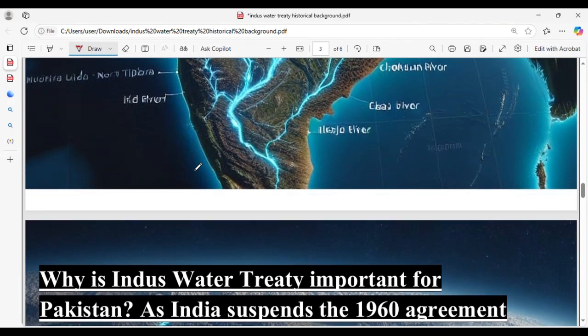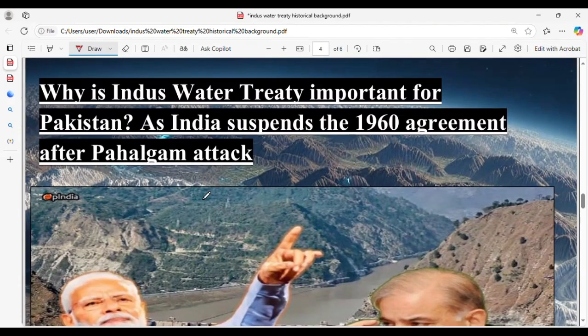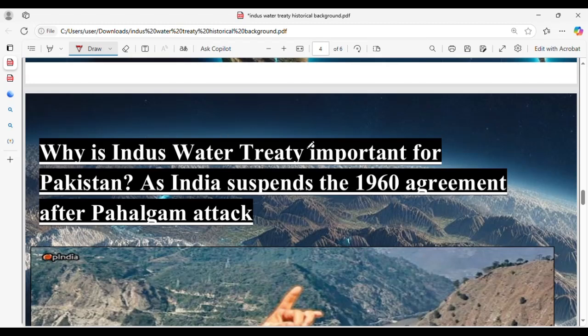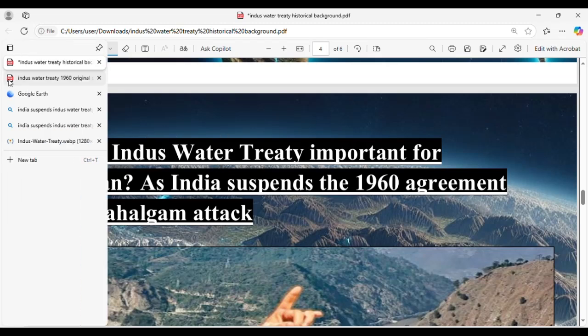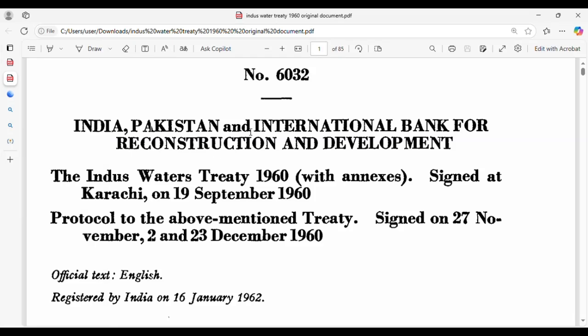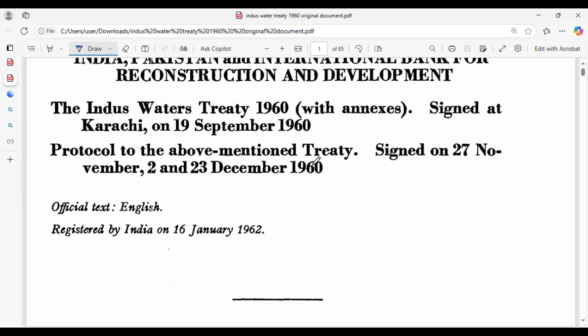Before reading why the Indus Water Treaty is important for Pakistan, let us go to the original document of the Indus Water Treaty. This is the original document: India and Pakistan, International Bank for Reconstruction and Development, Indus Waters Treaty 1960.